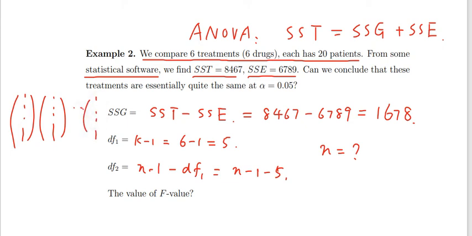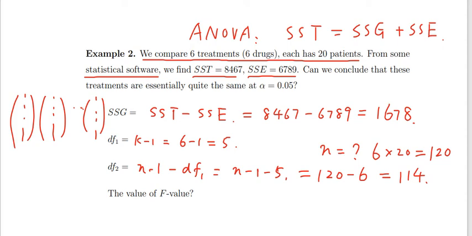So we compare the 6 groups, each with 20 patients. So n equals 120. This is actually 120 minus 6, which equals 114.